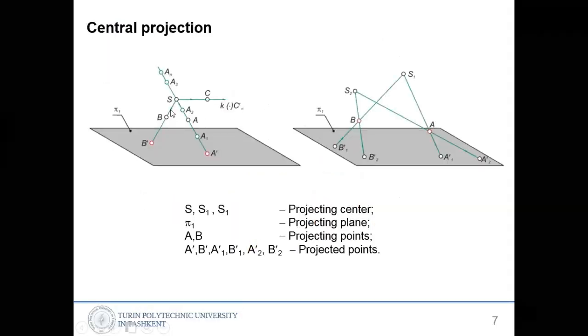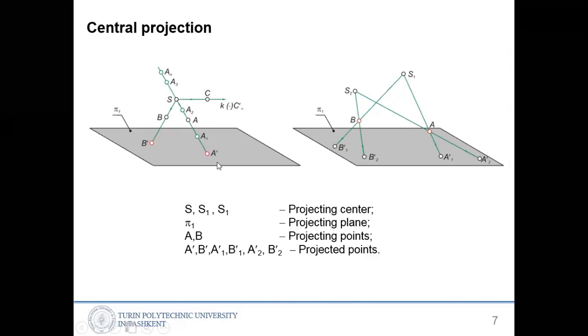For example, the central point is the projecting center, and point B is projected as B dash on P1. On the other side, points A1, A2 are projected as A dash.